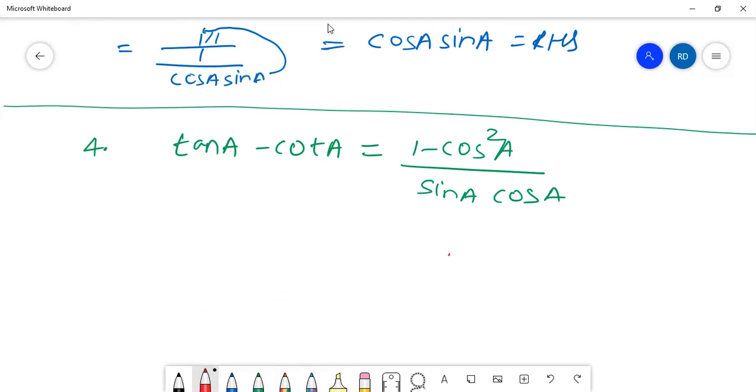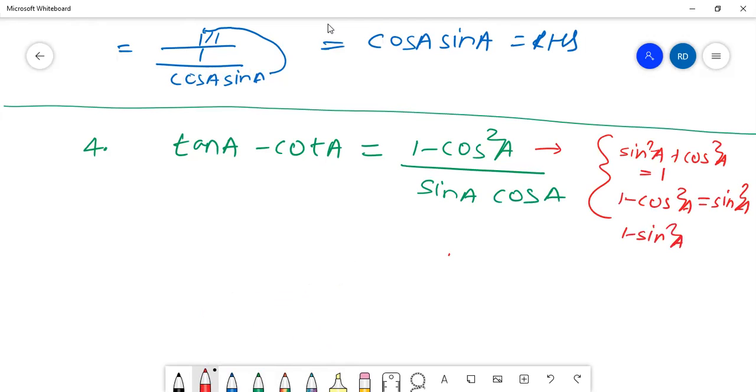We know that sin square A plus cos square A is equal to 1. By that we can find that 1 minus cos square A is equal to sin square A, and 1 minus sin square A is equal to cos square A. This we have to use somewhere, or we have to convert. Let's see how to do that.